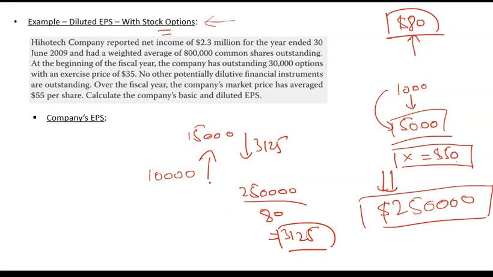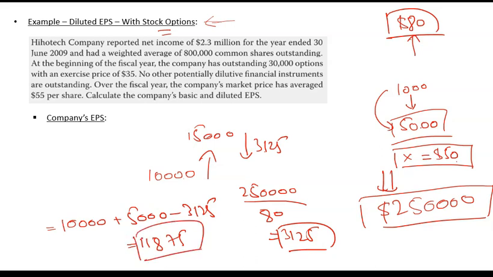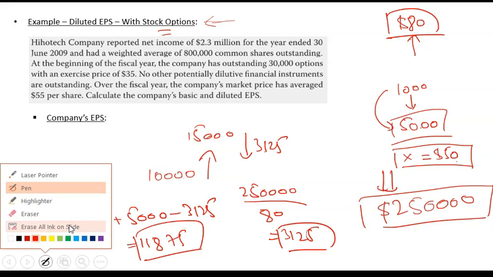So the net impact on the shares would be 10,000 plus 5,000 minus 3125. What is the answer? 11875. This is the number of shares that the company will have at the end, and this will be used in the denominator to calculate diluted EPS.